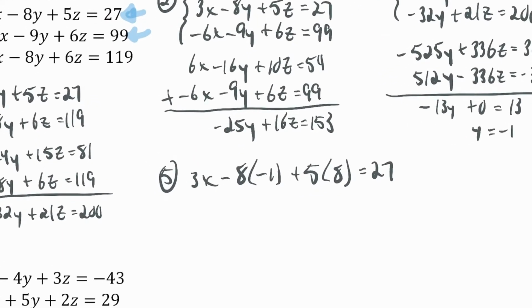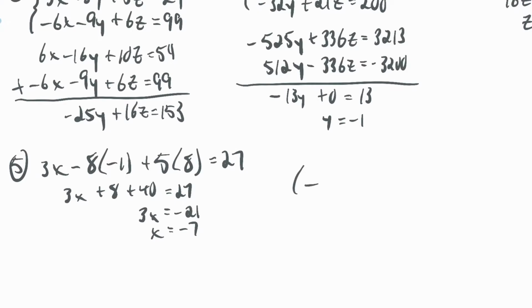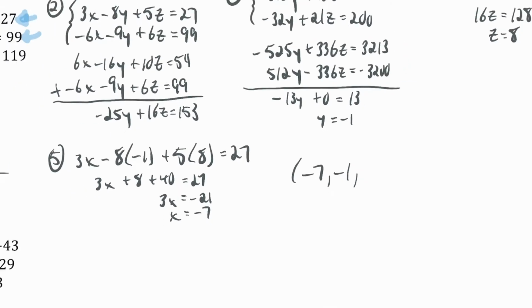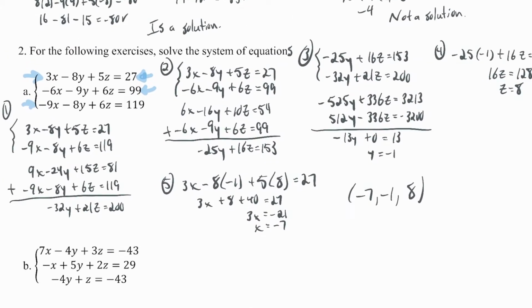Okay, so 3x plus 8 plus 40 equals 27. So if I subtract 48 on both sides, I'll have 3x equals -21. Divide by 3, I get x equals -7. So our solution then will be -7, -1, and 8 is the ordered triple that solves that one.